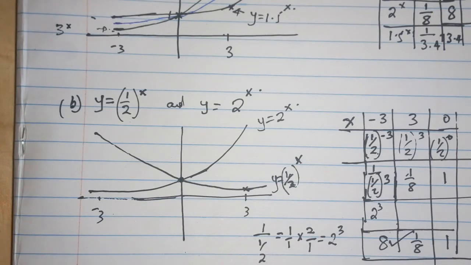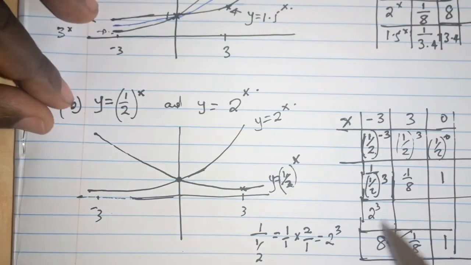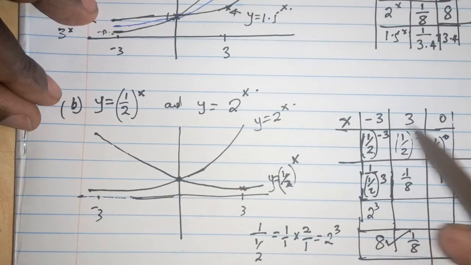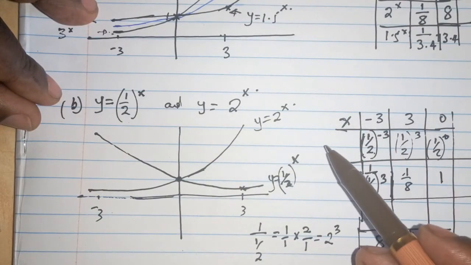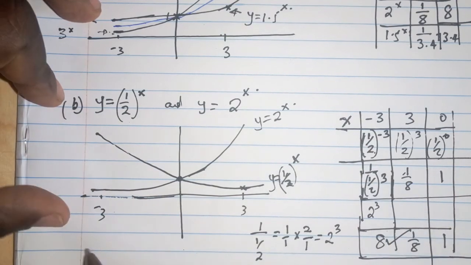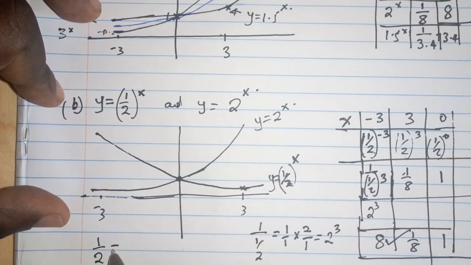As we move forward, we are going to see how this increases. It is also important to note, in a different format, a half is by itself 2 raised to power negative 1.